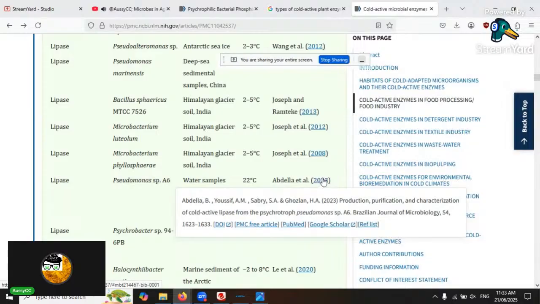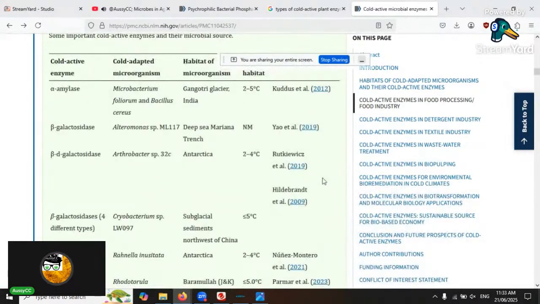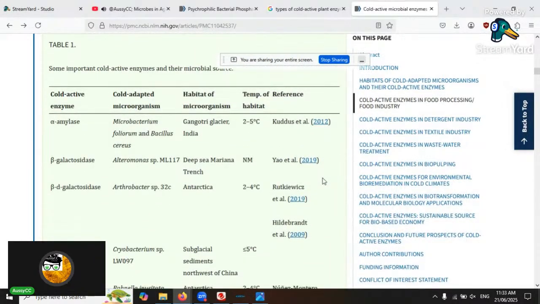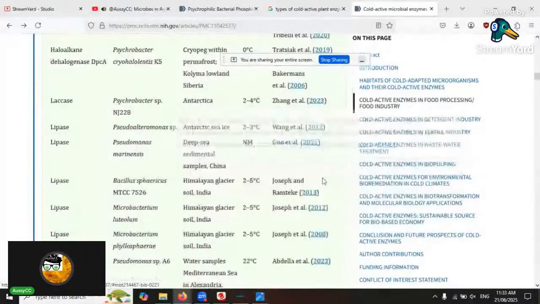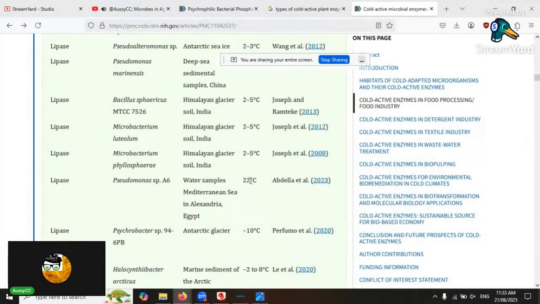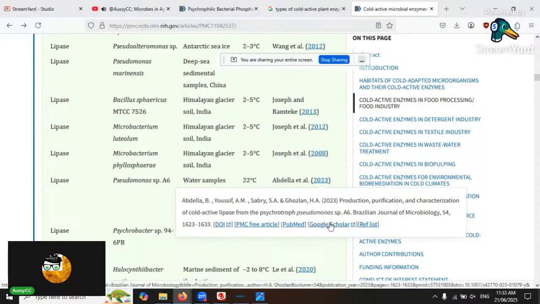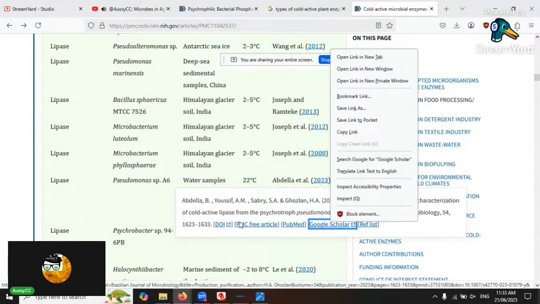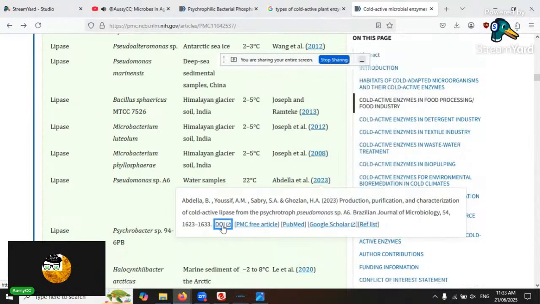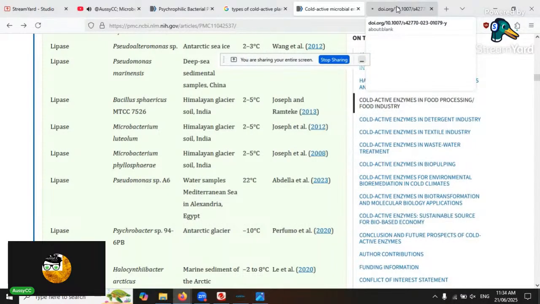But yet the temperature of habitat is 20 Celsius. That's pretty interesting. I wonder what difference.